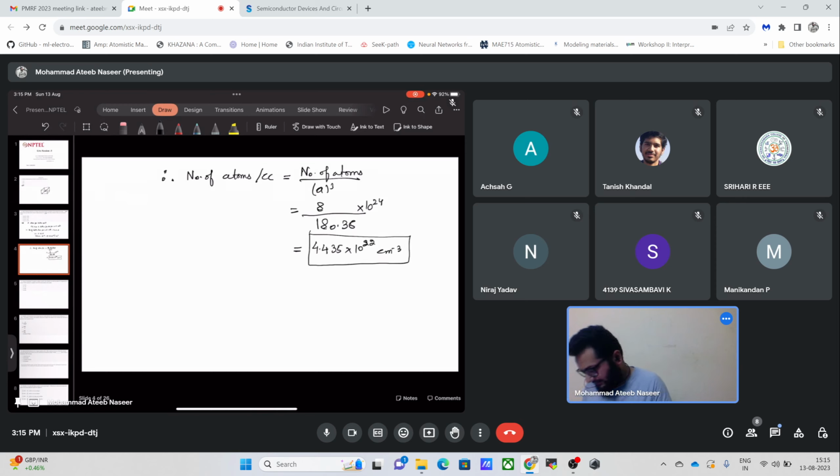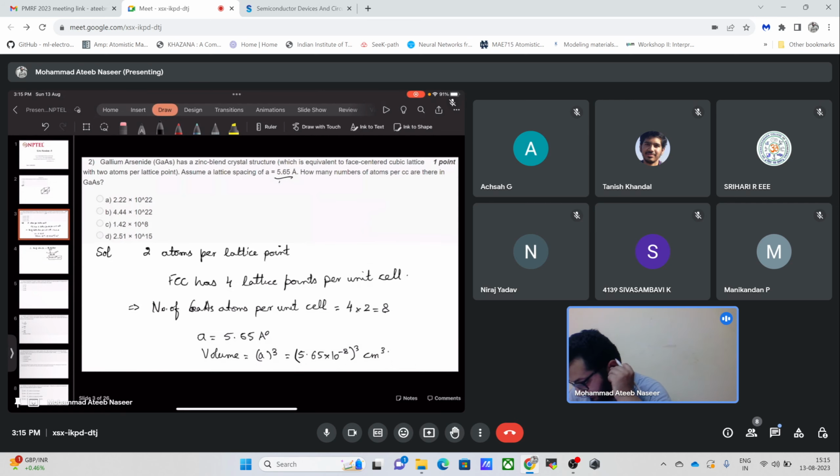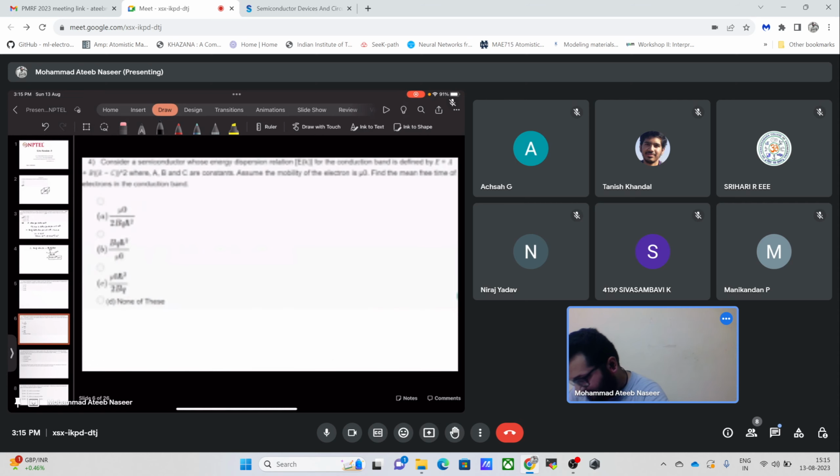So this is the number of atoms per cubic volume for this gallium arsenide, and it comes out to be equal to option B. So option B is the correct option.